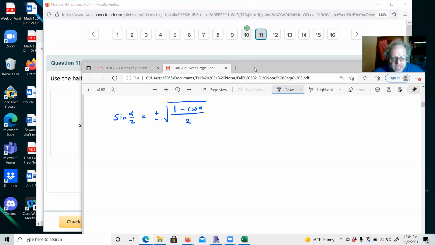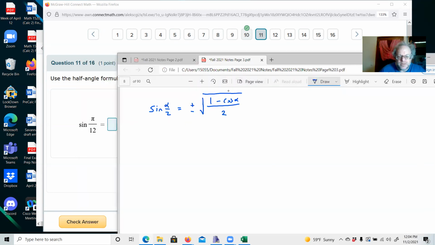So what we're going to do here is say alpha over 2 is equal to pi over 12, right? So we're going to solve for alpha. Alpha equals 2 pi over 12, which is pi over 6. And pi over 12 is in the first quadrant, so we know everything is going to be positive here.